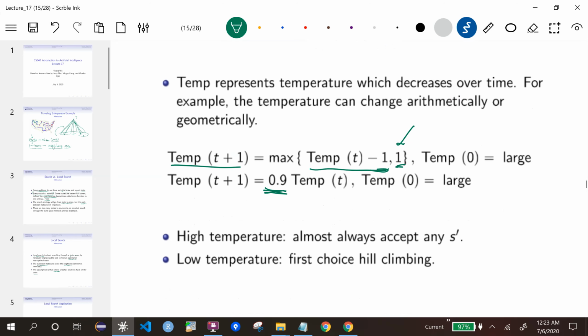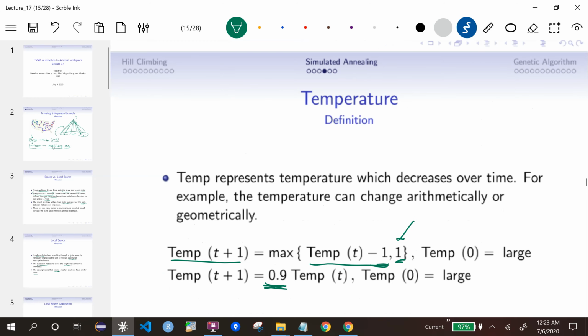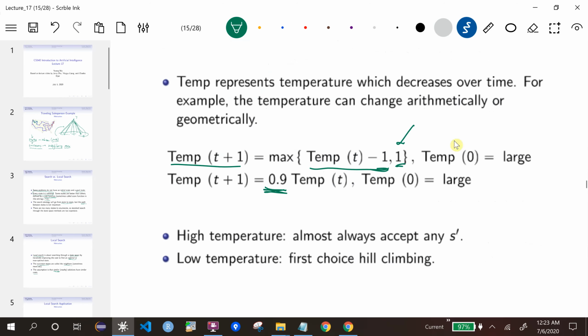So let's actually look at the function again. It's the exponential of minus the difference between the costs divided by the temperature. So let's see. If we have a high temperature, it means this T is large, so the whole fraction is small, and then minus that fraction is close to 0, and then the whole probability will be large.